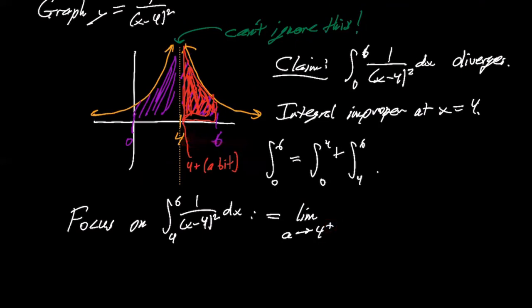We would start a little to the right of 4 and move in. So it's the limit of the integral from a to 6. And now this is not improper anymore, so we can evaluate it.